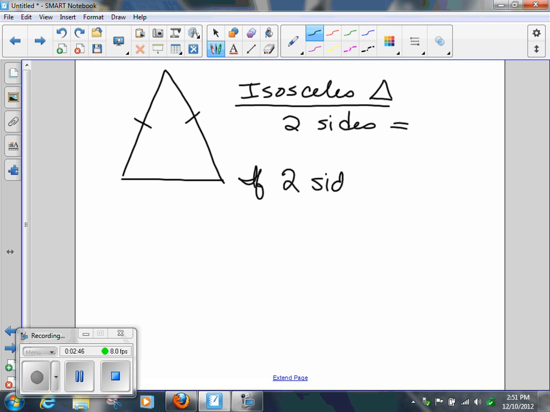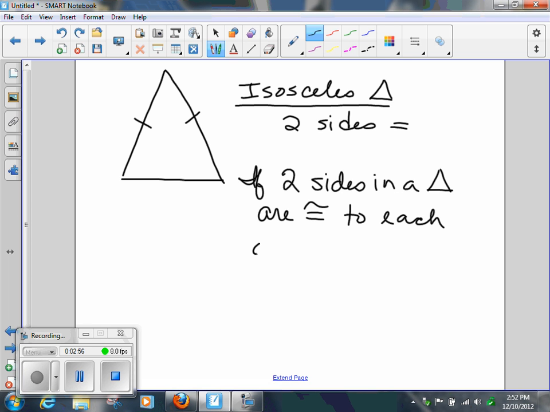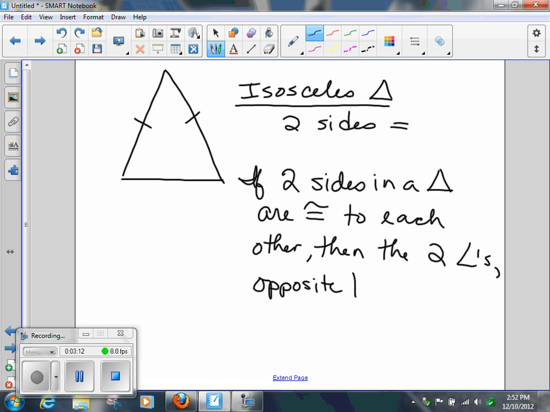If two sides in a triangle are congruent to each other, then the two angles opposite those sides are also congruent.